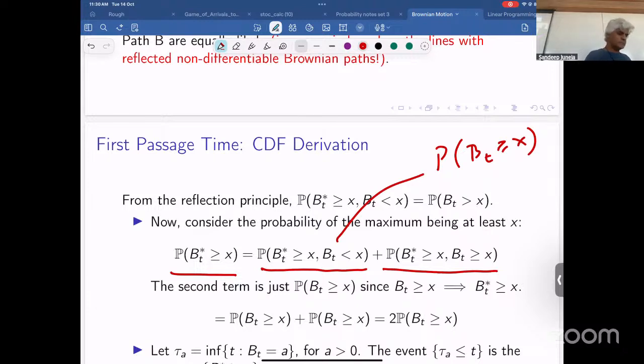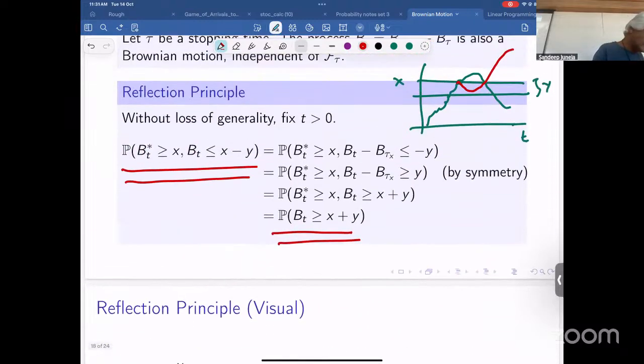I mean, these are zero probability events, so you can ignore the inequality; you just add and subtract.